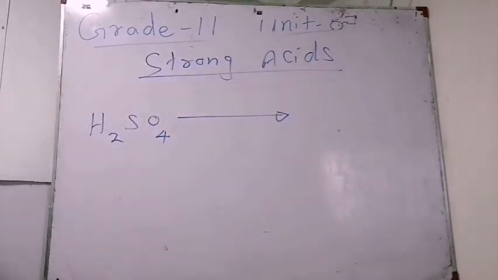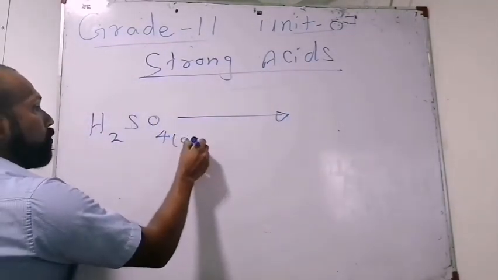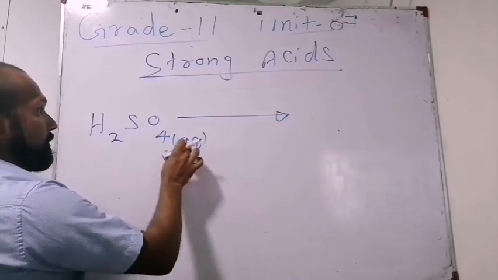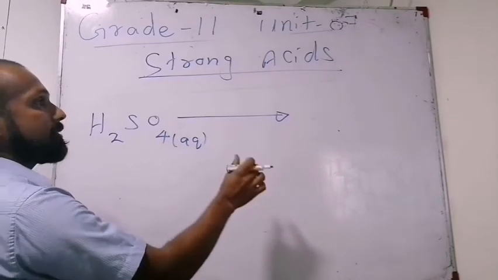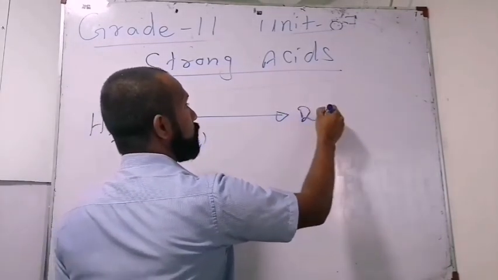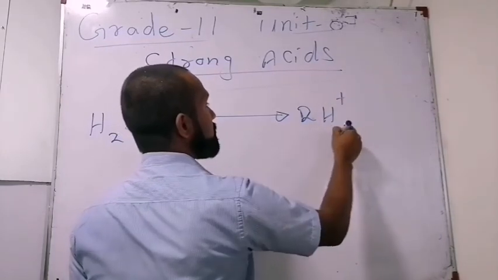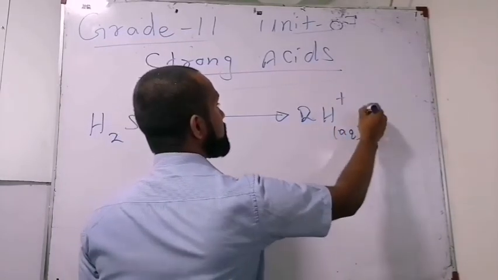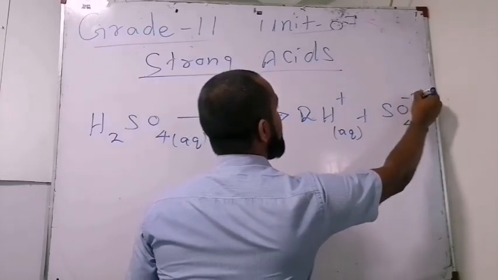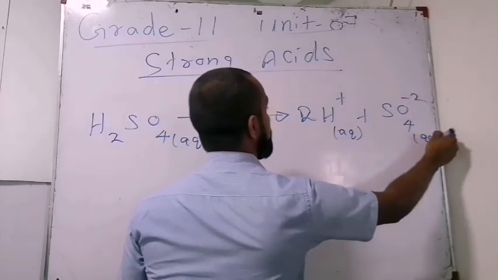In an aqueous medium, we represent aq to indicate that it is an aqueous medium. In an aqueous medium, sulfuric acid ionizes as 2 H plus (aq) plus sulfate 2 minus (aq).